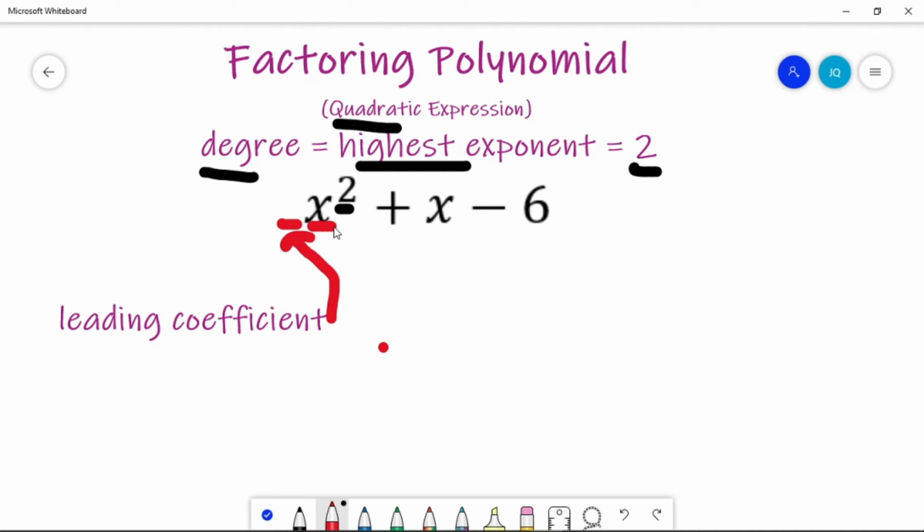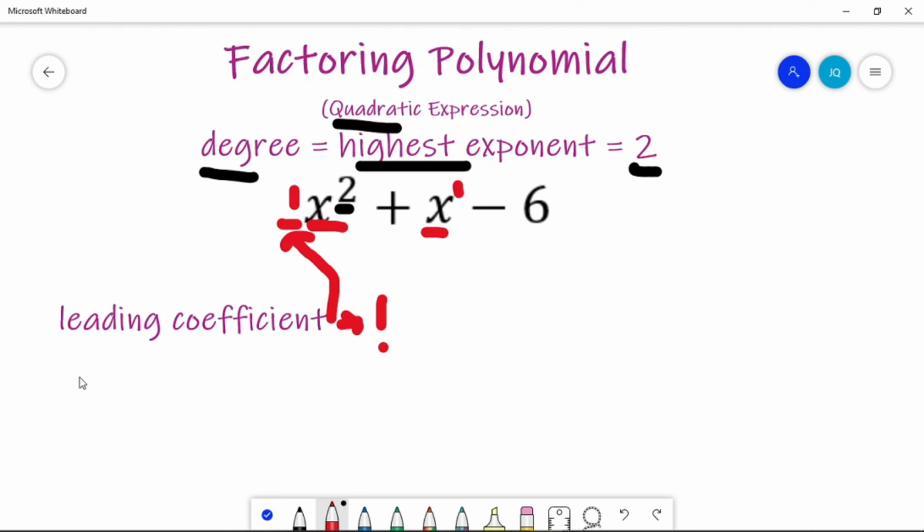So this is the x with the highest exponent. We also have x here, but the exponent is 1, and the highest is 2. So we look at the x with the highest exponent. What's the number beside it? You cannot see it, right? It means that there is an invisible 1. So you can do this step if the leading coefficient is equal to 1.